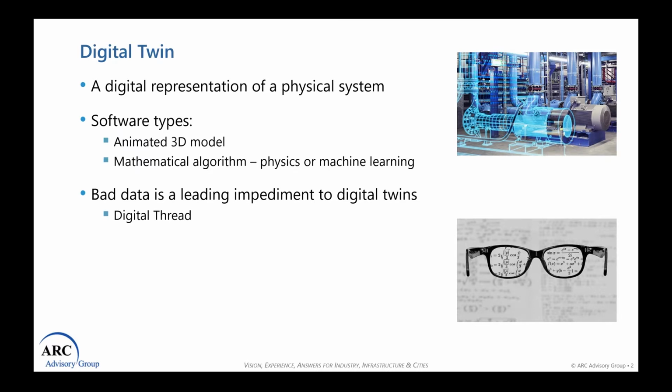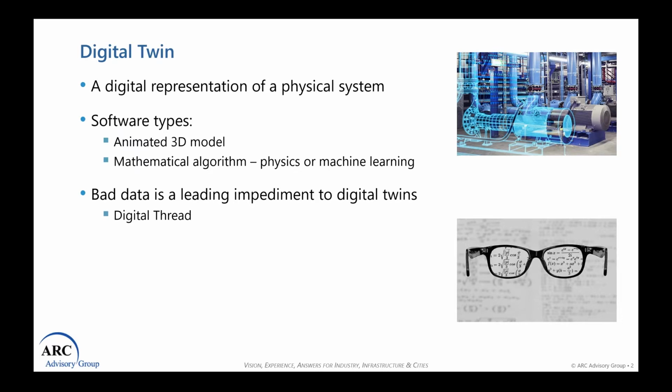And the leading cause of impediment to the creation and deployment of digital twins often is bad data. So I'm going to talk about digital threads in that context a little later in the presentation. Now, this bad data issue should not be a reason not to do digital twins. You've got a little bit of a chicken and egg thing going on here.